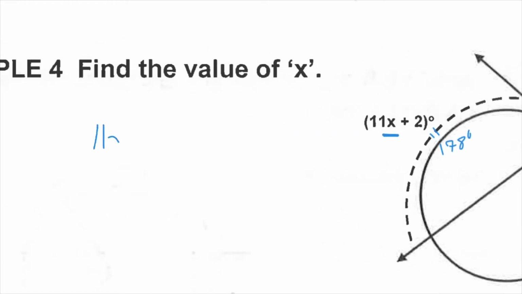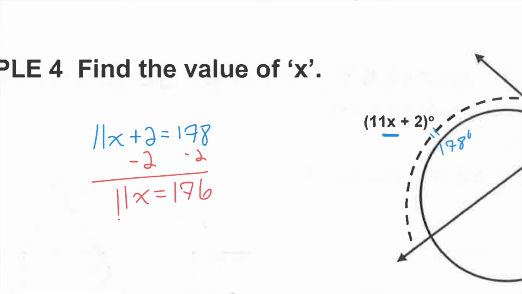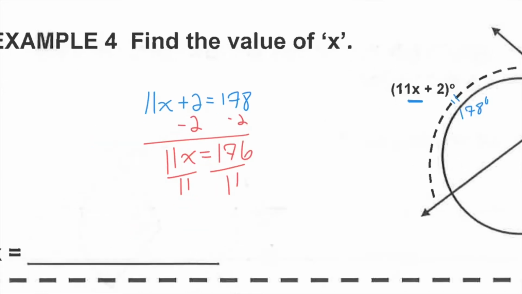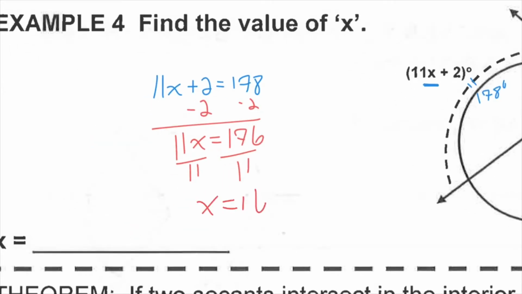So 11x plus 2 equals 178. Now be careful at this spot. We just took a test, and I've seen a lot of people that are not solving quite correctly. Remember, you're subtracting this from both sides. So 11x equals 176. When you divide both sides by 11, I got x equals 16.